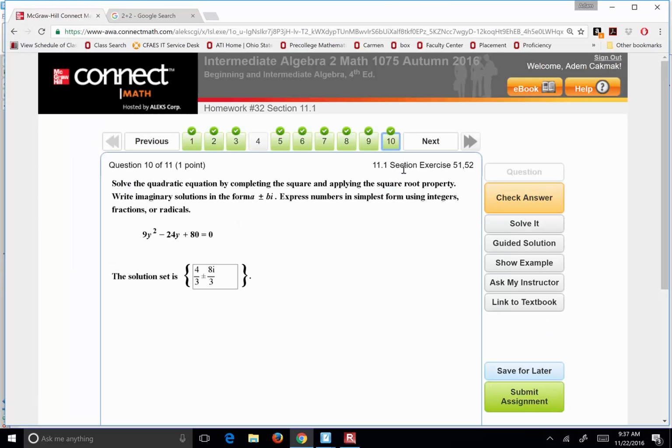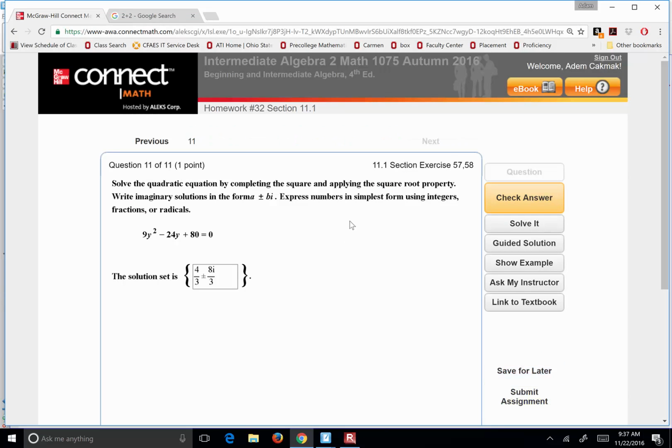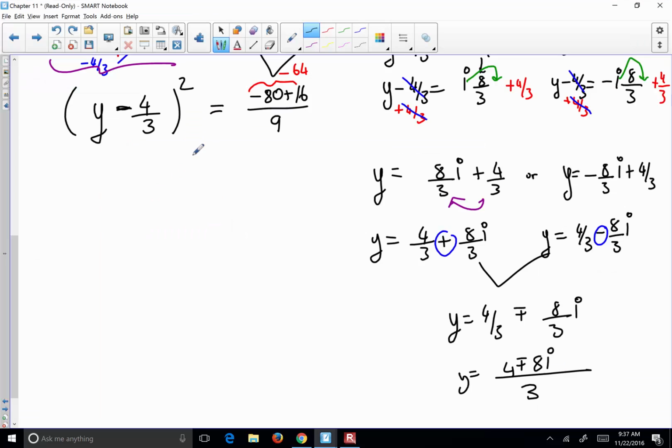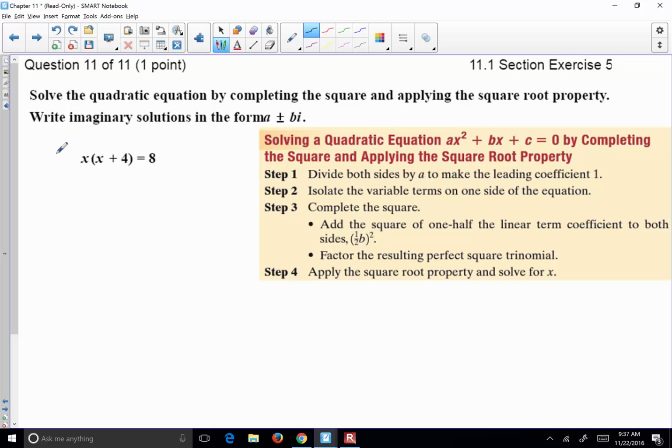Alright, looks like we're done with number 10. There is only one question left here, and it looks different. However, it's easier than number 10. This is like number 9, the previous question before 10. However, there's something weird with this question. What is weird?